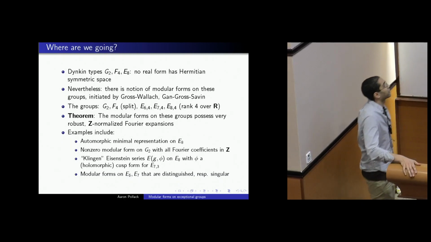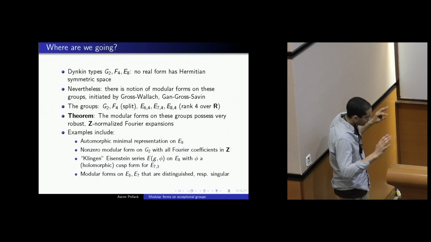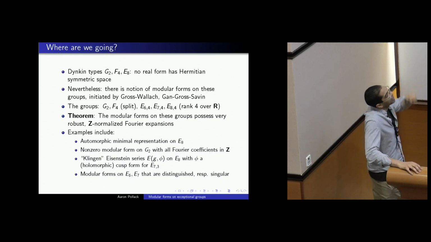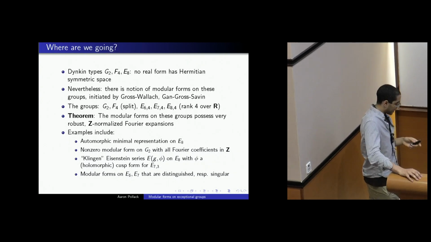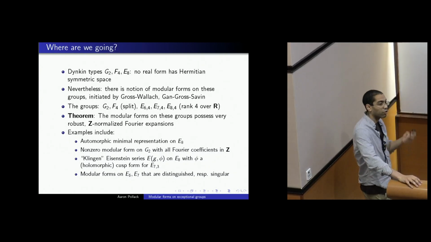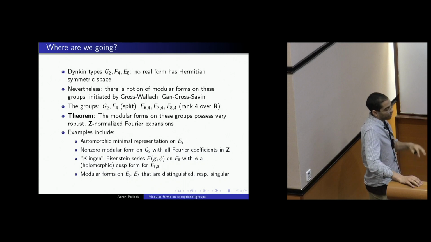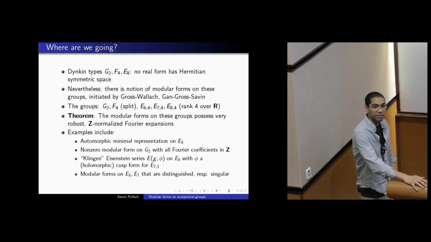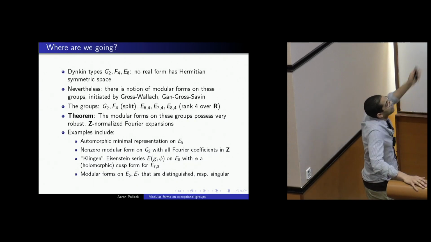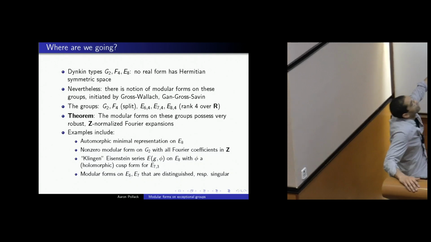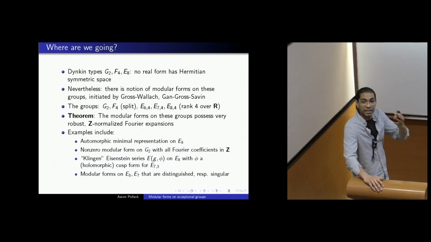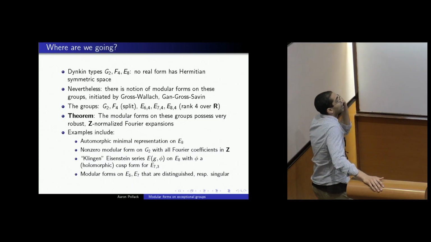So the main theorem, sort of where we're going, is that the modular forms on those groups do have very nice Fourier expansions, as similar as possible to the holomorphic modular forms on groups that have holomorphic structure. And it's a very robust Fourier expansion. Examples of these modular forms include the automorphic minimal representation on the form of E8 that has rank 4 over the real numbers.